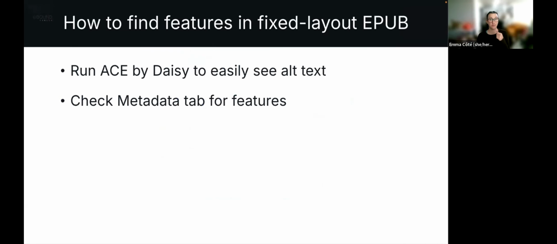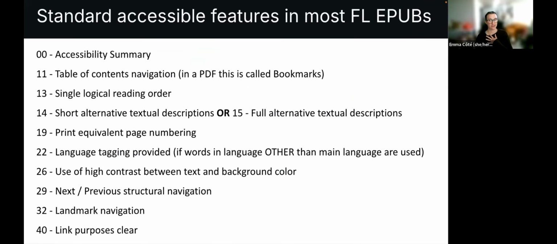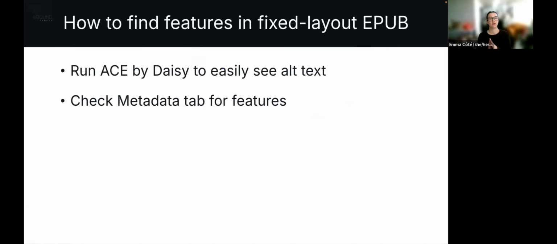Okay. So how to find features in your fixed layout EPUB. I think most people are familiar with Ace by Daisy. Again, you can follow up after this if you need links or any help running these applications. So this is just a way to easily see the alt text that might be added to your EPUB and check the metadata tab for any features.